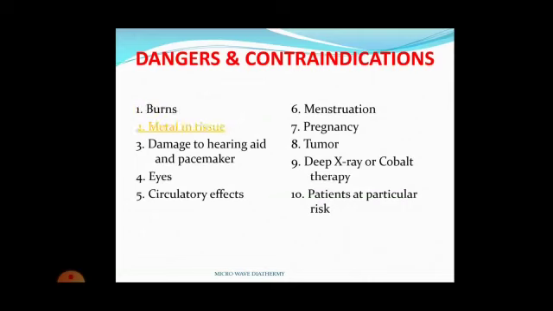Now, second is metal in the tissue. If metal is present in the tissue, it can concentrate the heating, and the area surrounding the metal may get damaged. Metal means nails, screws, or plates implanted into the patient's body after fracture stabilization.